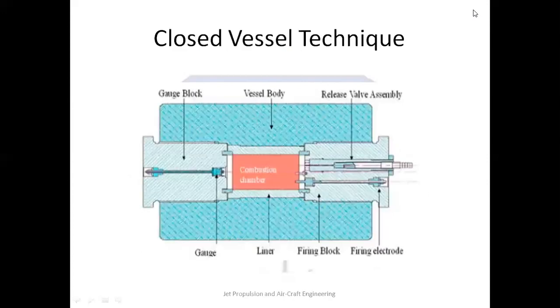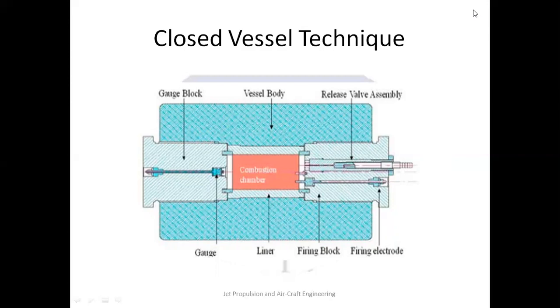Next one is the closed vessel technique. In this technique we use a closed vessel where the combustion takes place inside the combustion chamber and the variation of pressure is measured during the combustion process. So in this method the pressure variation is measured against time. The pressure is allowed to build up, thereby accelerating the combustion.